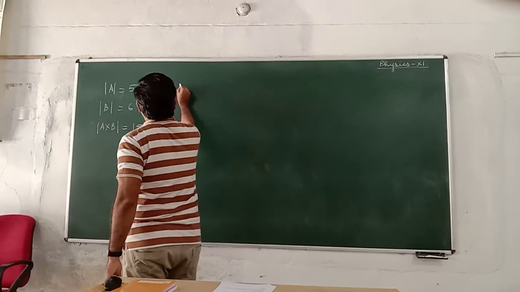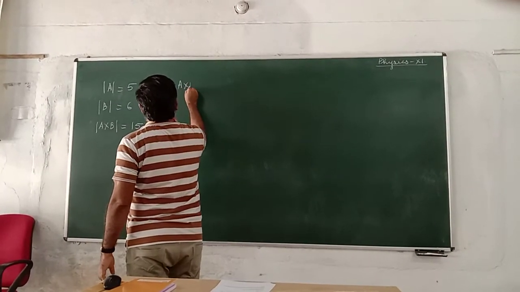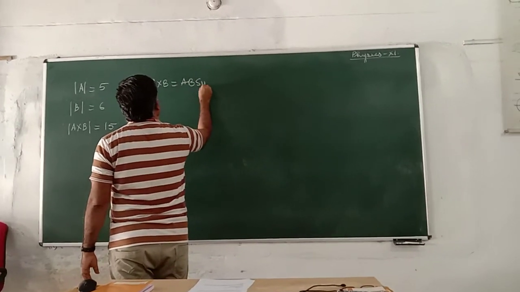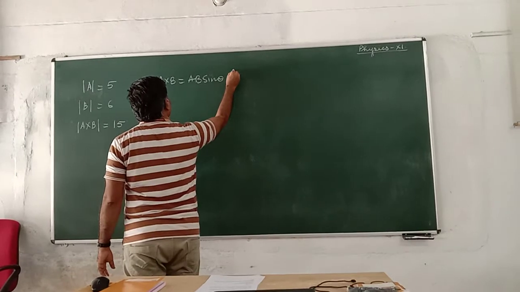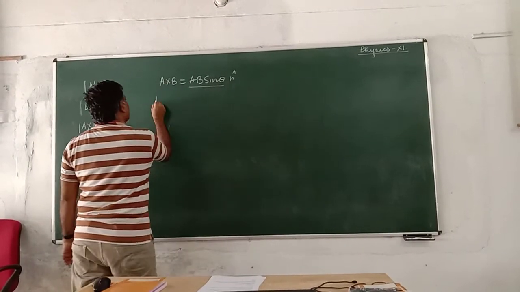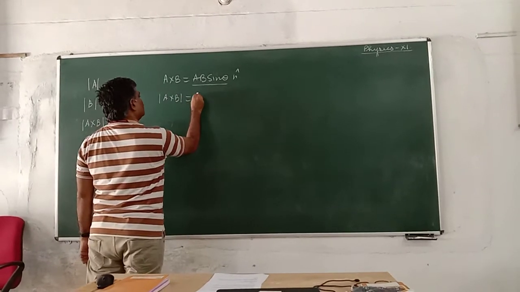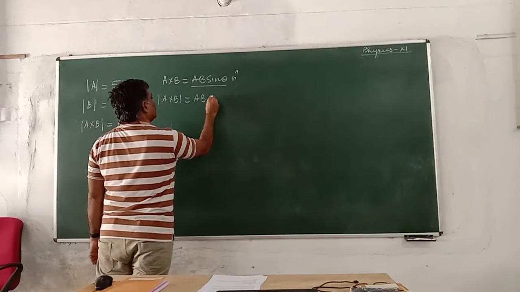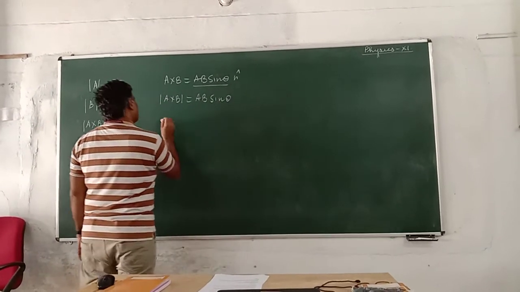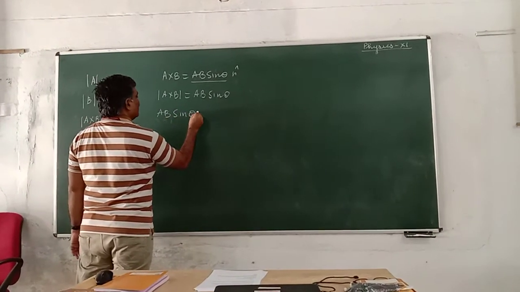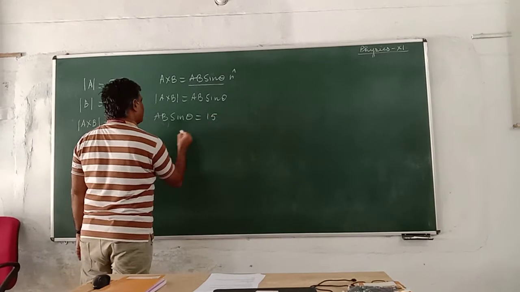We know that A cross B is equal to AB sine theta n cap. This is magnitude of A cross B, which is equal to AB sine theta. So AB sine theta is given as 15.